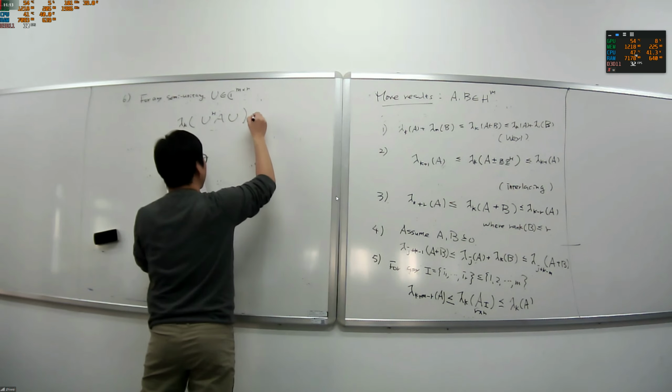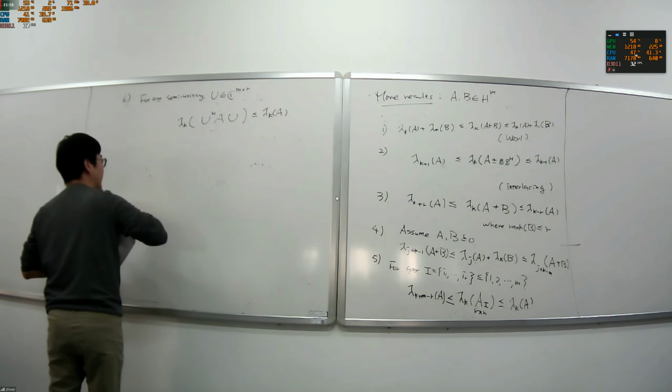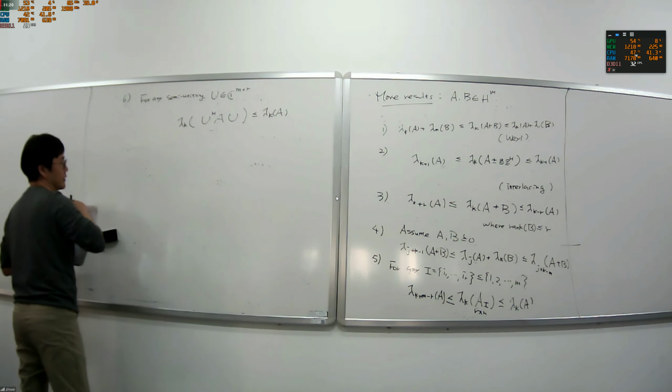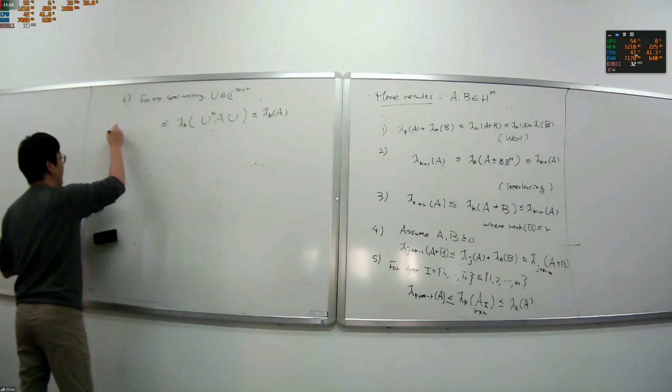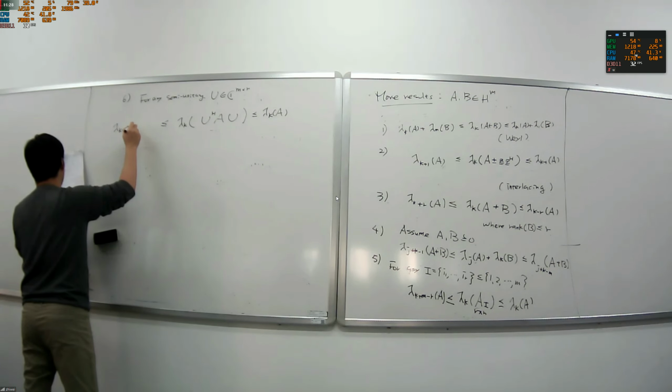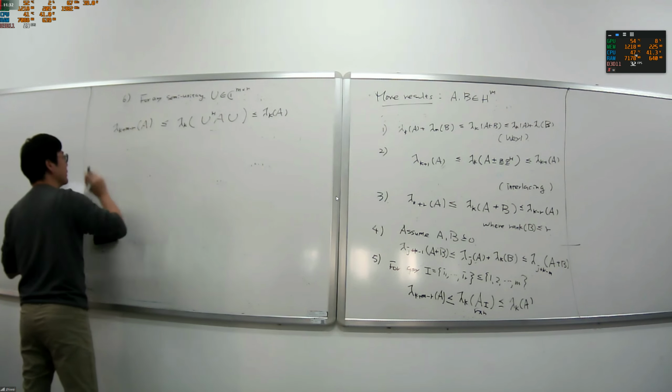Then its k-th eigenvalue will be upper bounded by the k-th eigenvalue of the original matrix, but lower bounded by this.